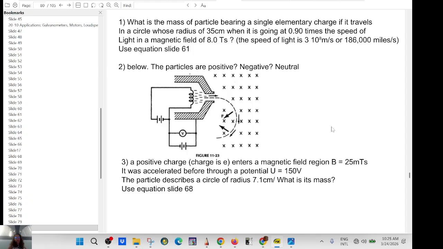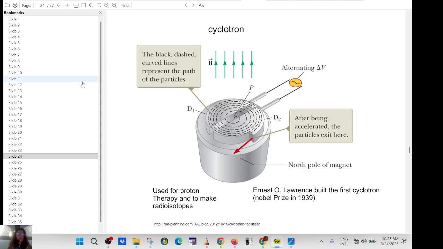Okay, shall we do this or not? We can do, what does it say? 80. We can do number 3. Okay, let's do number 3 here. Big idea.